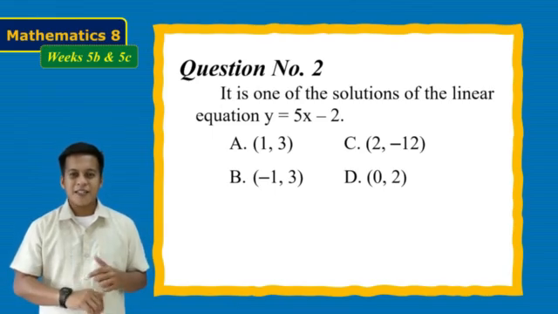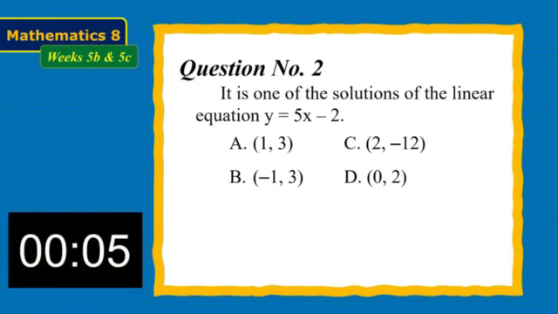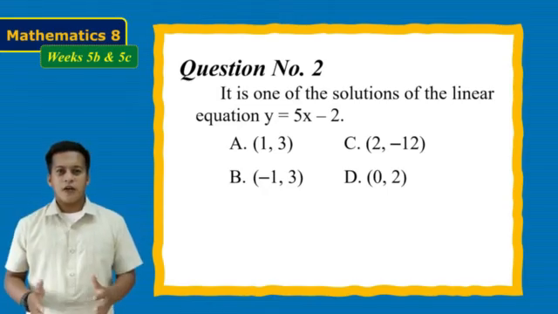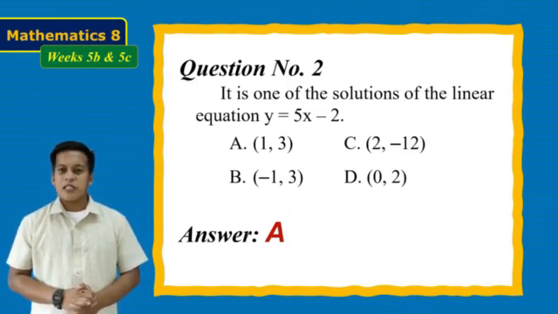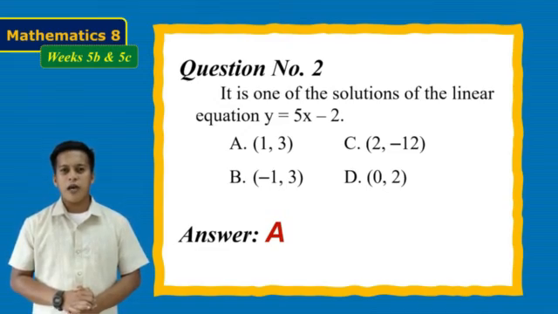Your time starts now. The correct answer is A, 1, 3, because substituting the values of x and y, it satisfies the equation y is equal to 5x minus 2, as shown on your screen.